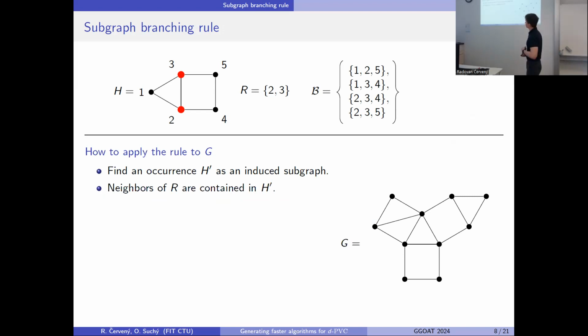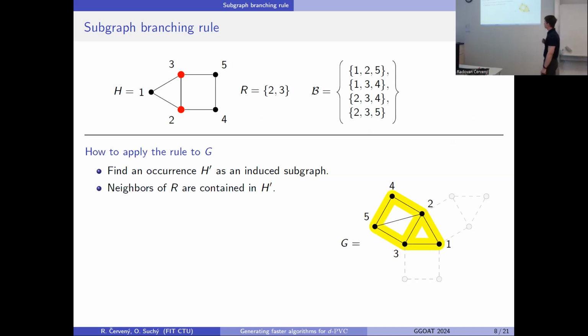In this rule, what we need is some graph H. Some of its vertices will be red, and then we prescribe how we branch on this subgraph. How do we apply this rule to graph G? We look for an occurrence of this graph in our graph. So, for example, like this. But there are some conditions. We need that the red vertices do not have any neighbors outside this occurrence.